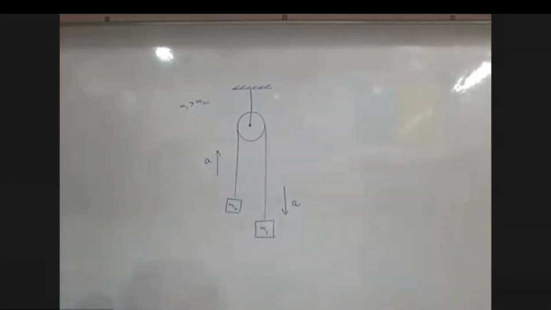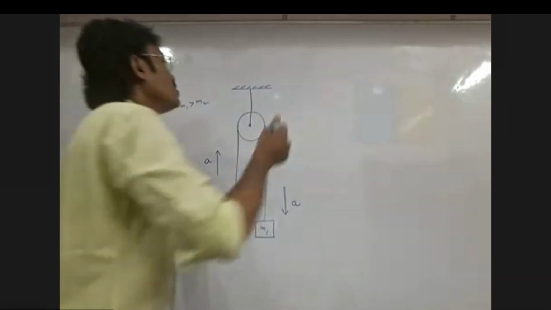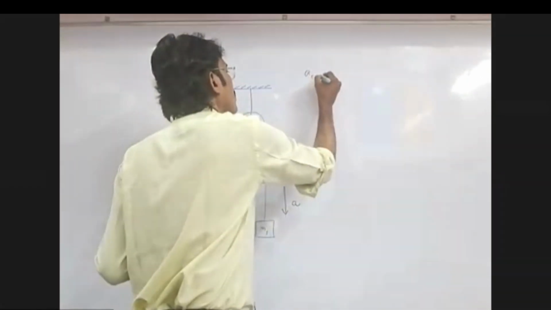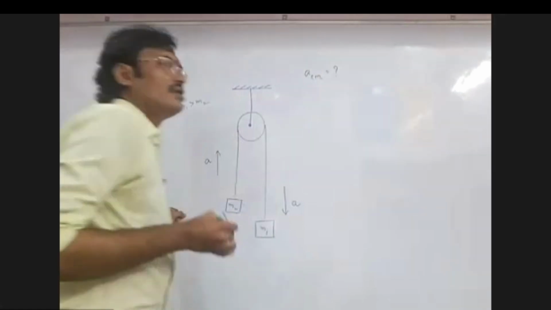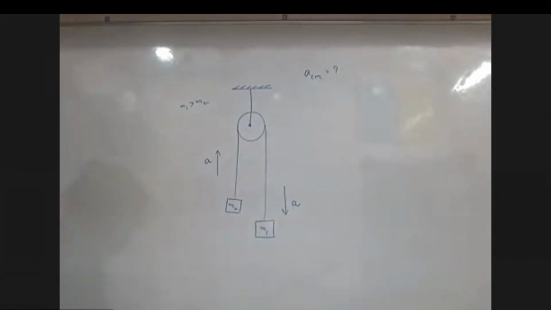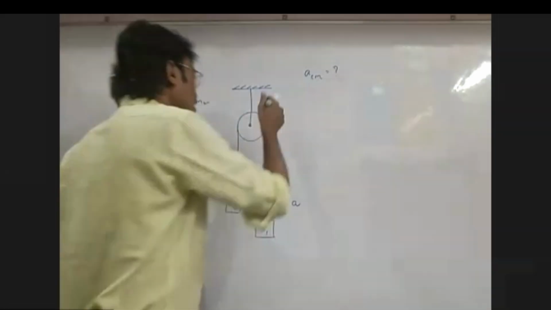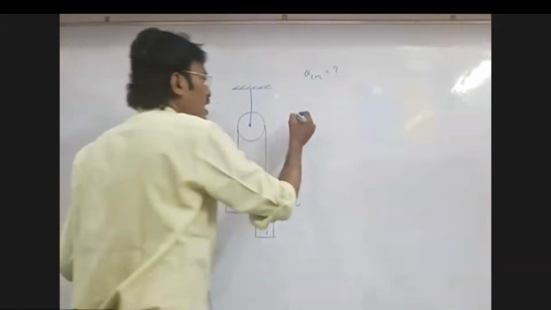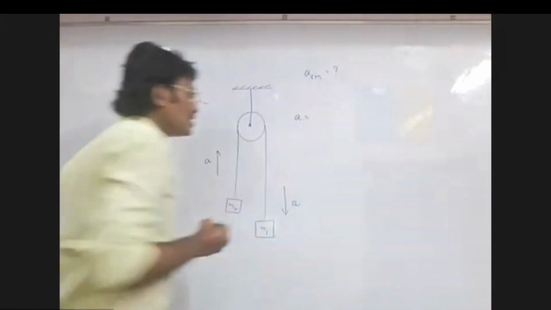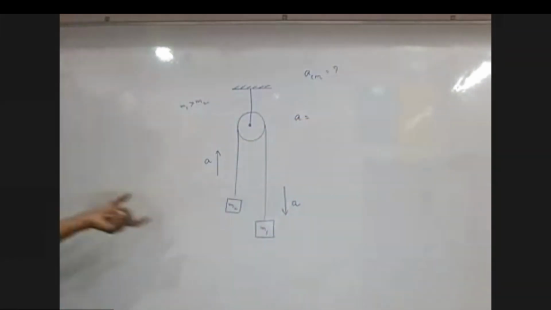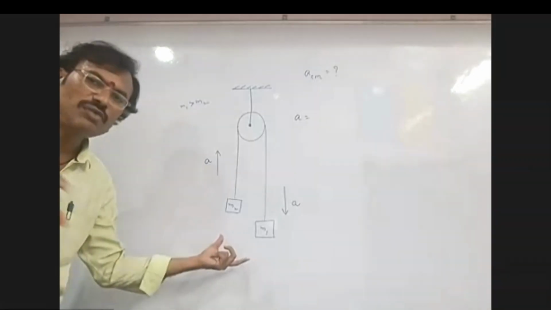Then what is the acceleration of center of mass? We need to calculate it. ACM is equal to question mark. Before taking the acceleration of center of mass, at first we need the acceleration of the system of two bodies.